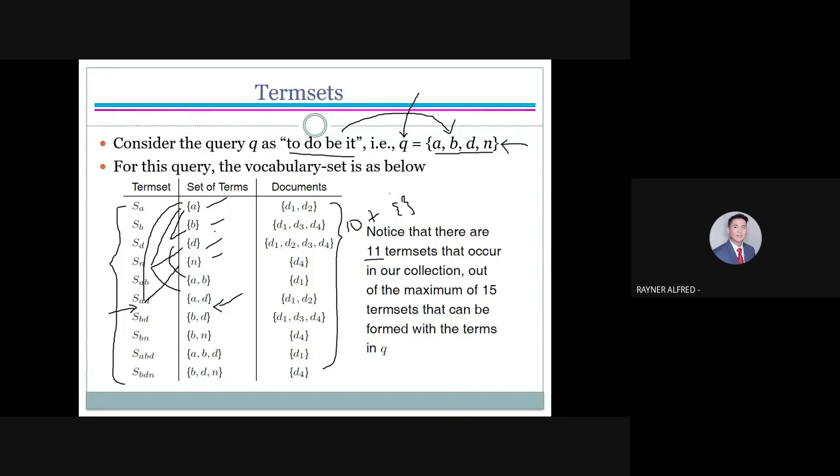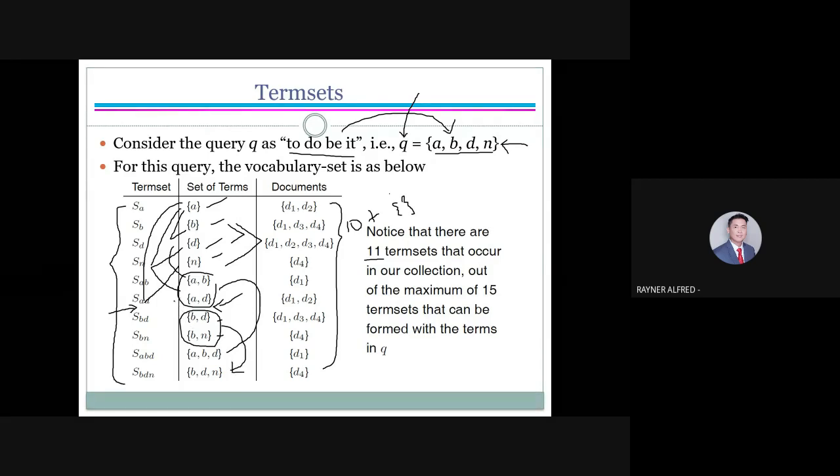And next we combine B and D and then B and N. And then we have that. Then after that, we combine these two, then we get this. Then we combine these two, we get this.